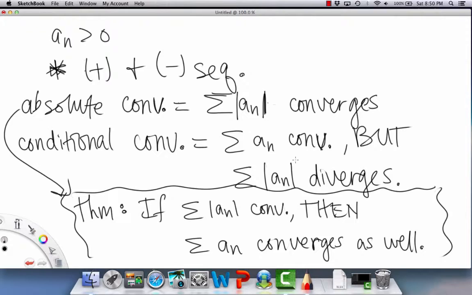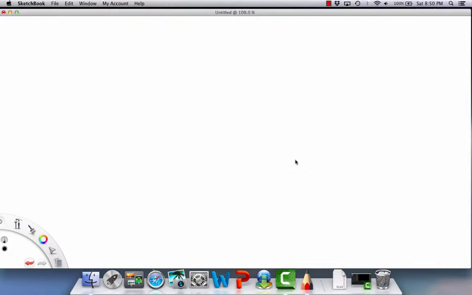Now I'm going to explain what all of these kinds of convergences mean. The way I learned this initially in a previous math class is, let's say we start at 0 here, and our first term A1 goes like this.